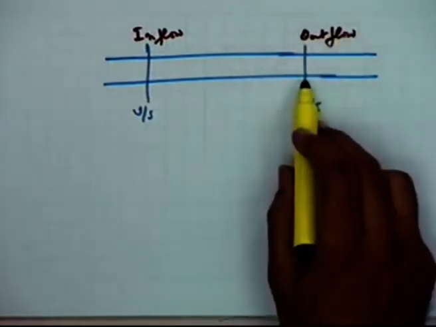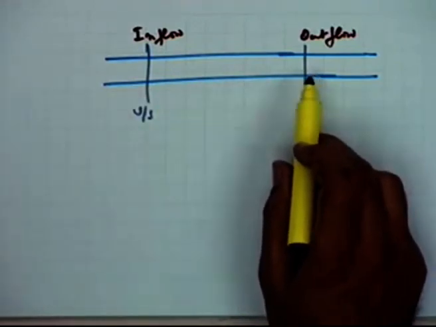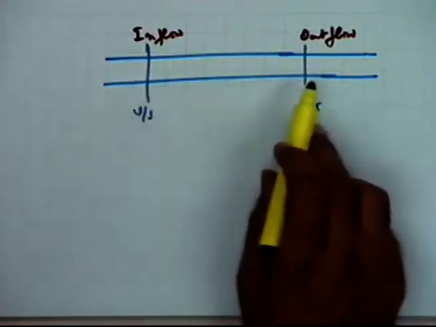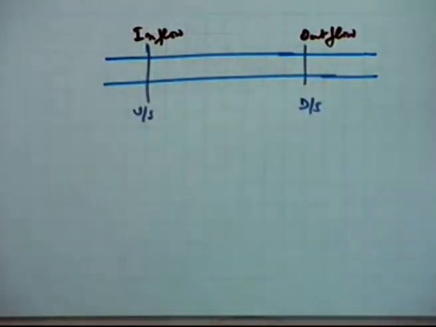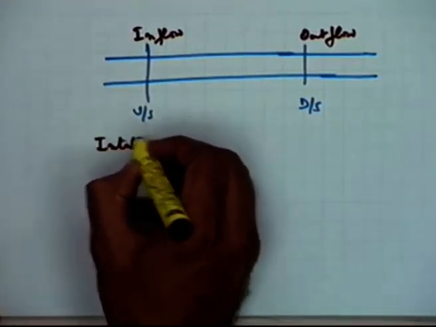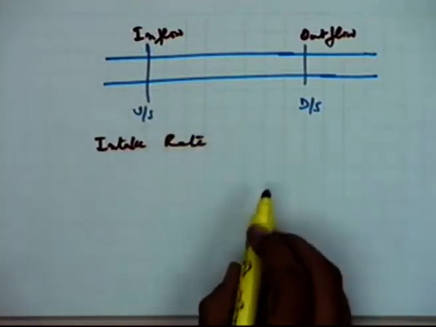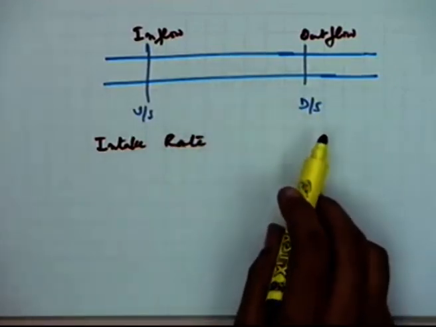You can even install two partial flumes; normally partial flumes are used in these furrows. If I know the inflow and the outflow, I can find out the amount of water which has infiltrated into this segment, and that gives me the intake rates. So to find the intake rate, I use such a measurement.